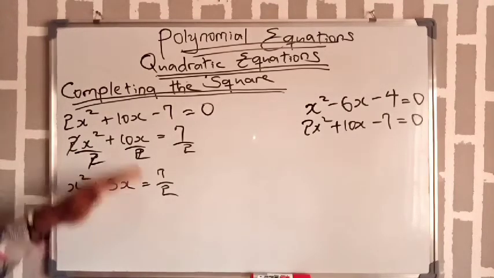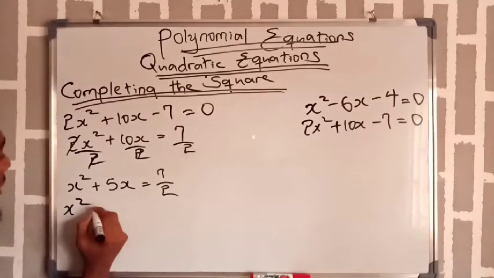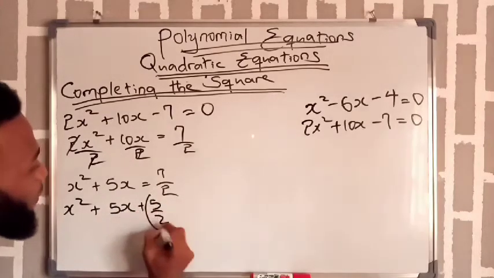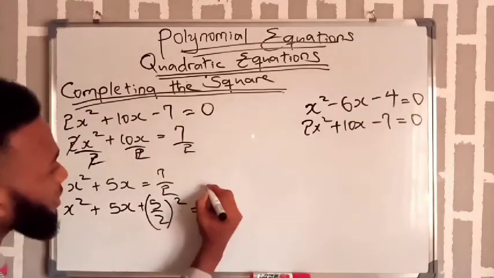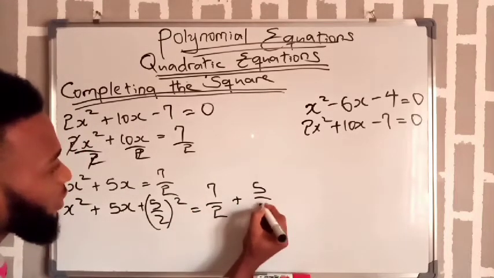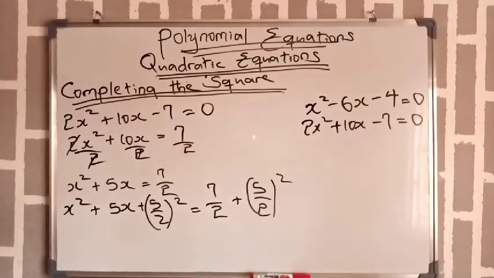You square it up, then you add it to both sides. So this is x squared plus 5x plus 5 over 2 all squared is equal to 7 over 2 plus 5 over 2 all squared. Yeah, I'm working with fractions, not decimals.